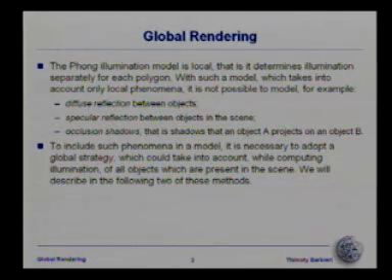Therefore, in a global rendering model, I will take into account, for example, the effect of occlusion shadows. Occlusion shadow is a shadow which is created because there is something between you and the light source which is shining over you. Specular reflection, so mirrors, for example. You could never represent correctly a mirror using a local rendering approach.